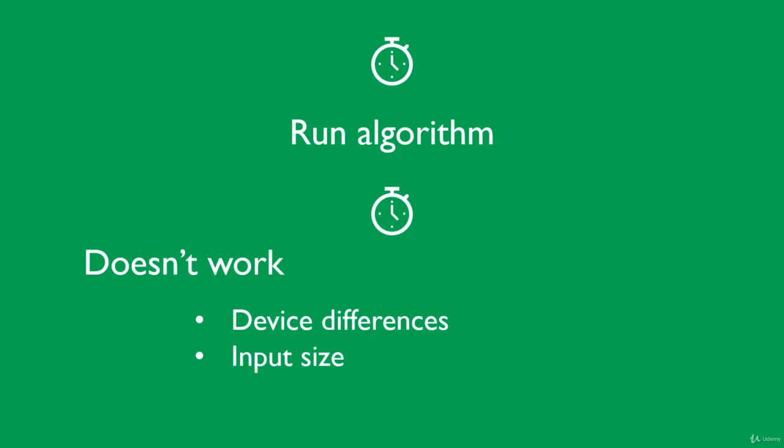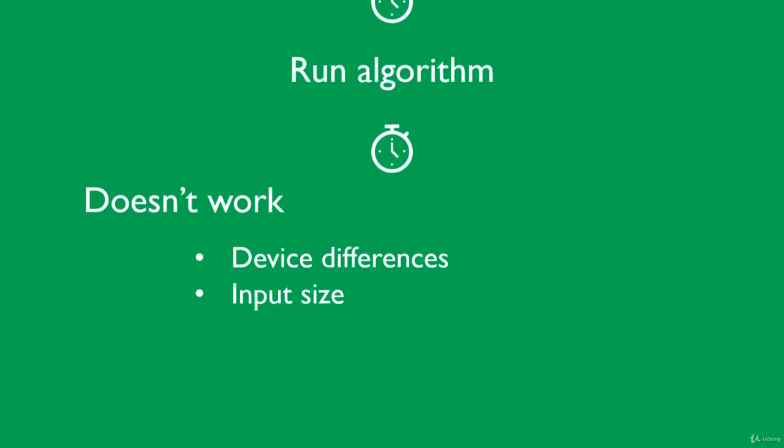What we need is some way of representing a complexity, and it should be able to take the size of input into consideration, and it should also get rid of the difference between devices. So, we need a bit more mathematical approach. We need a function. And what does this function do?